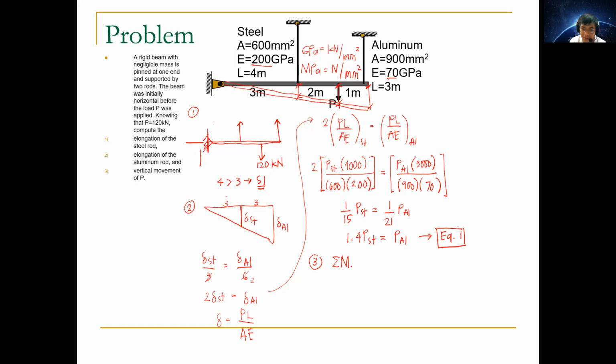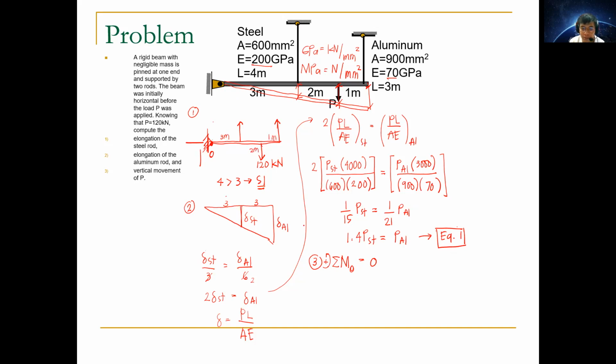Let's say it's about O lang siguro, is equal to 0. Again, counterclockwise is positive. Let's say this is point O, di ba? So 3 meters, 2 meters, and then 1 meter.